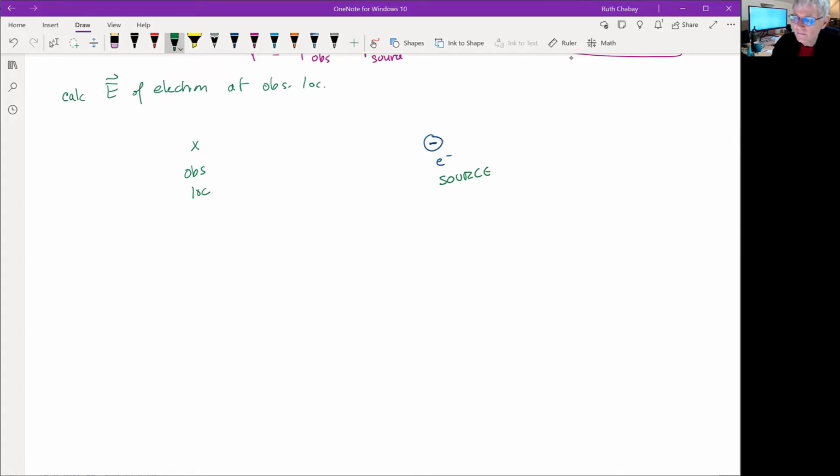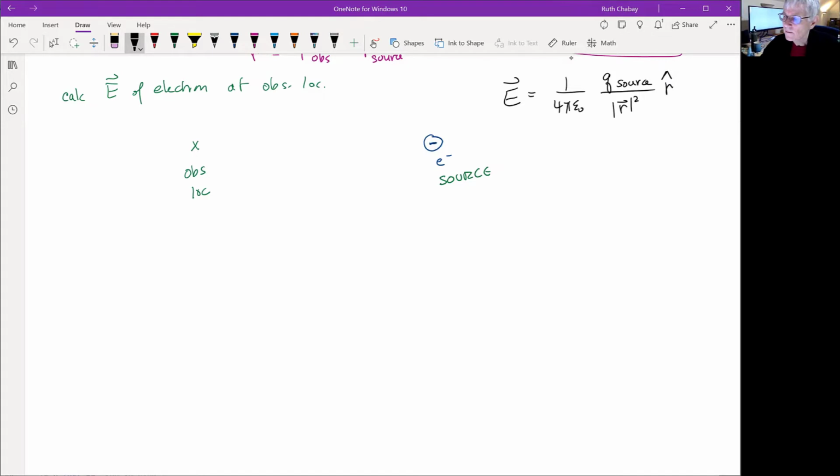Okay, so to do this, we're going to use our equation for the electric field of a point charge. We see the electric field is 1 over 4 pi epsilon 0 times q of the source over the magnitude of r squared, times r hat.